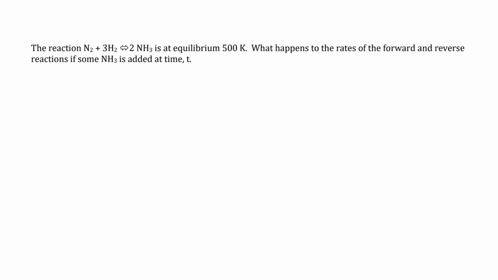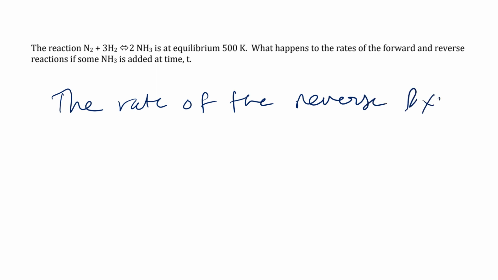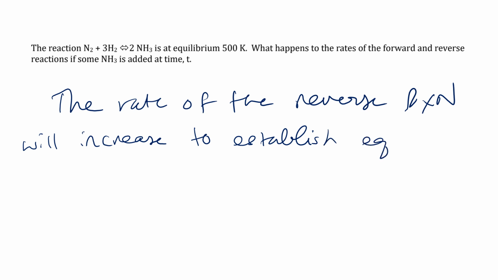The reaction N2 plus H2 producing NH3 is at equilibrium at 500 K. So this is a reversible reaction. What happens to the rates of the forward and reverse reactions if some NH3 is added at a specific time? So if I add more NH3, the rate of the reverse reaction will increase to establish equilibrium.